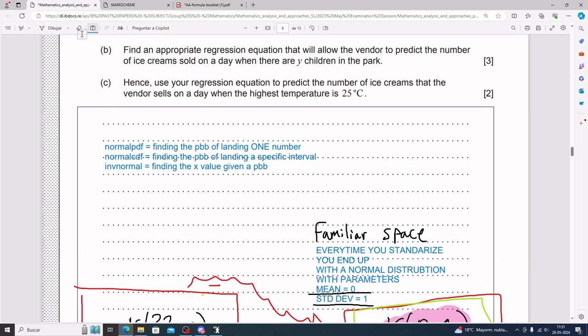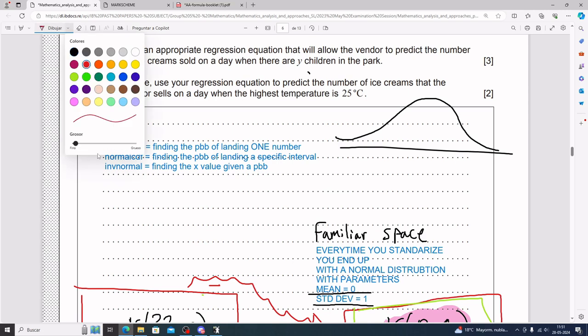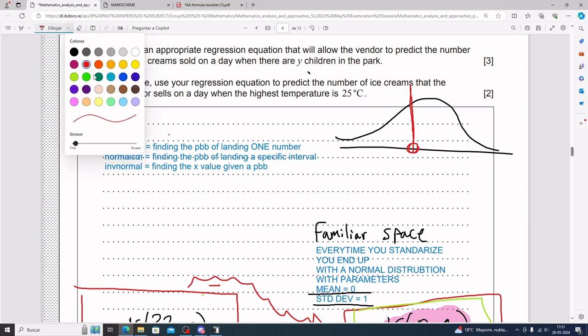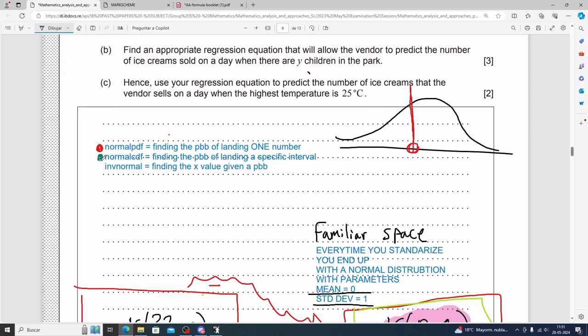And so let me just explain this visually really quick, see? If you have a normal distribution, normal PDF would be, what is the probability of getting just this guy here? See? Just this sliver of area. Normal CDF, that's here in green, is basically like, what's the area of landing between this lower bound and this upper bound?